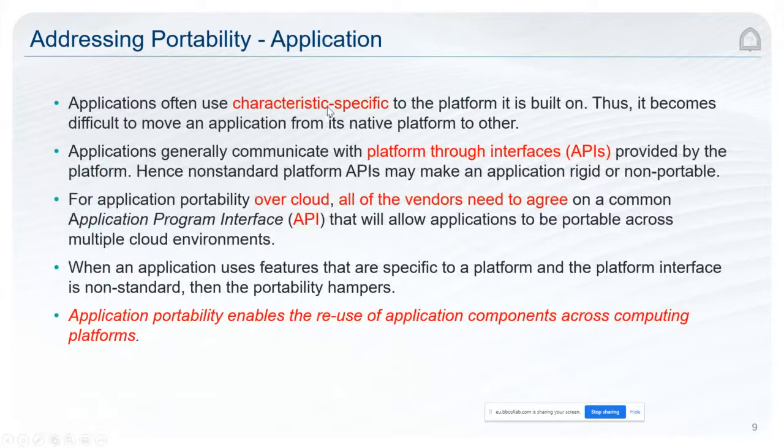For the application, as I told you, if you want to have application interoperability or portability, you should use the APIs. If you use an API, this means the application itself can be portable, because you should only use the API, the application program interface, because this interface is designed to be independent of the operating system or independent of the application.